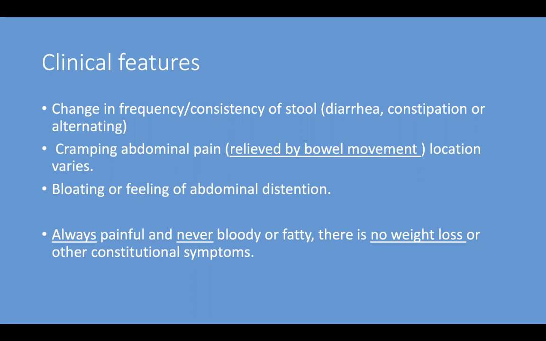But one thing is the location of pain. So a patient with IBS could present with a diffuse abdominal pain, or pain in the right or left lower quadrant. Also, the patient could present with bloating or a feeling of abdominal distension. If the patient presents with abdominal distension, this also could lead us to think about IBS.